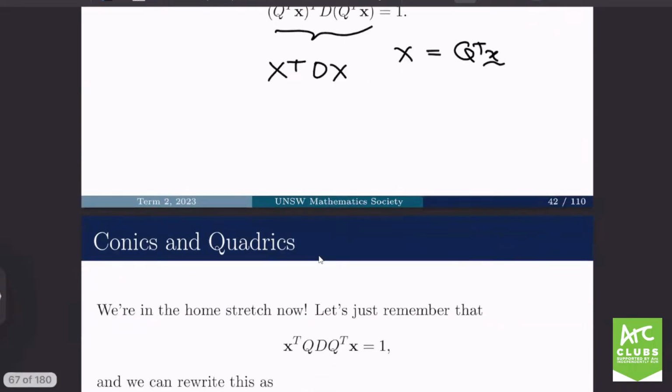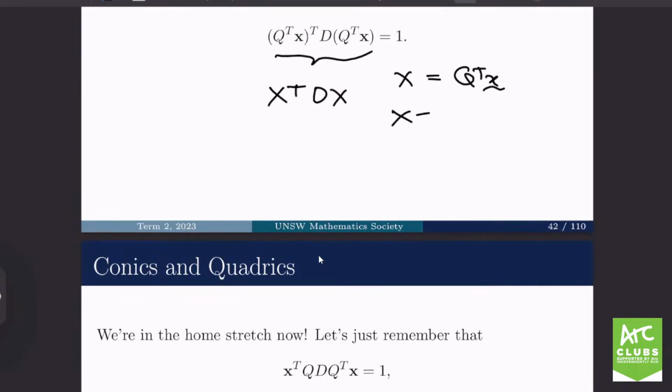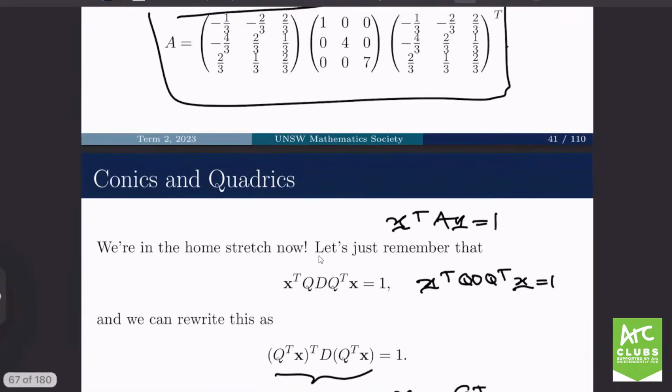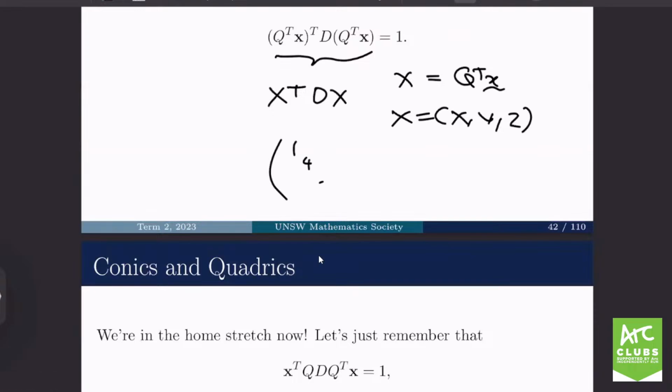Now the reason why this is so useful is because if I have a diagonal matrix, I can say X equals (x, y, z). And if it's diagonal, then I have, well, remember from previous, that's 1, 4, 7, and then we'll have X transpose X here equals 1. That will give me x squared plus 4y squared plus 7z squared equals 1.